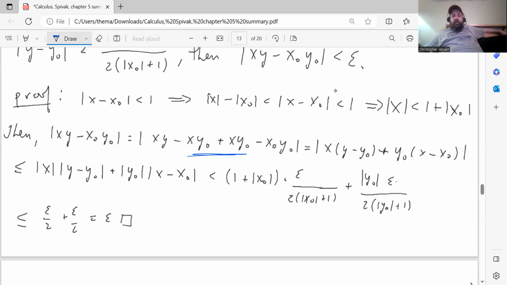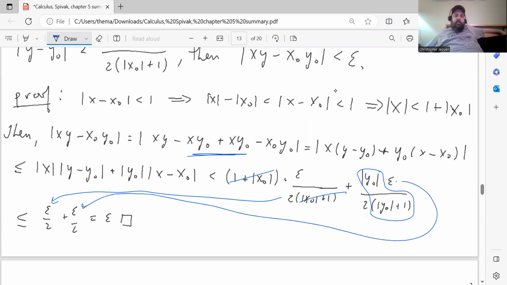And then so here, this cancels with this, and y0 over this is less than 1, which means that here this just simplifies to give you epsilon over 2, and this is less than epsilon over 2. So epsilon over 2 plus epsilon over 2 simplifies to give you epsilon, and that proves the lemma.